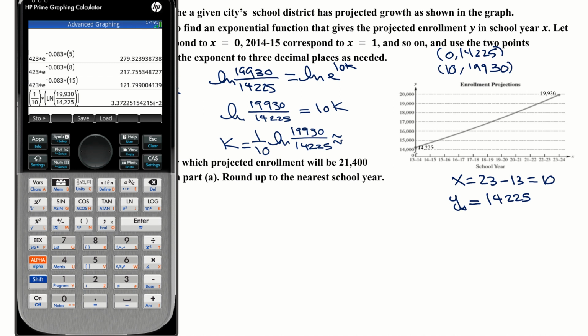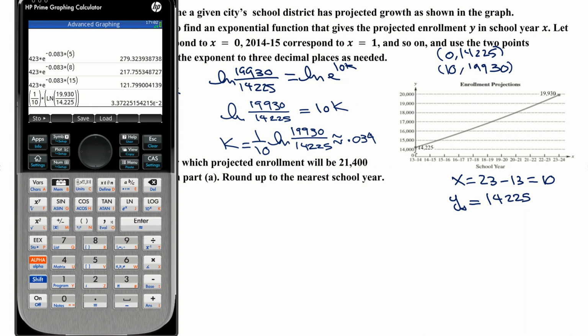So approximately 0.03. Remember, we're moving the decimal 2 to the left, so 0.03, and we're going to go ahead and round this so it becomes 4, right? Because they said round to 3 decimal places. So approximately 0.034 is the value of k.